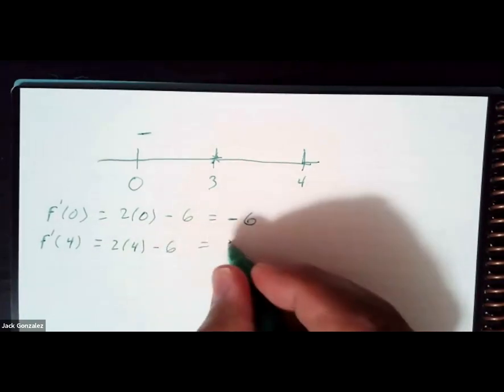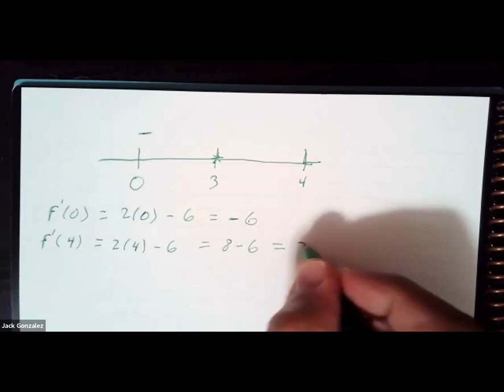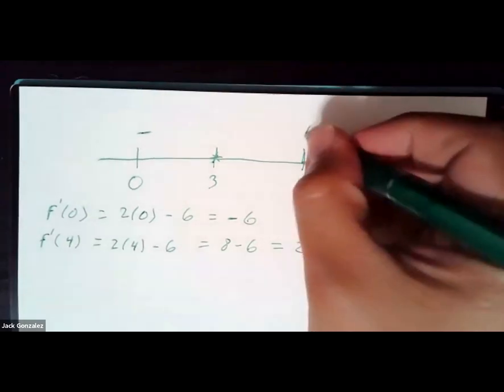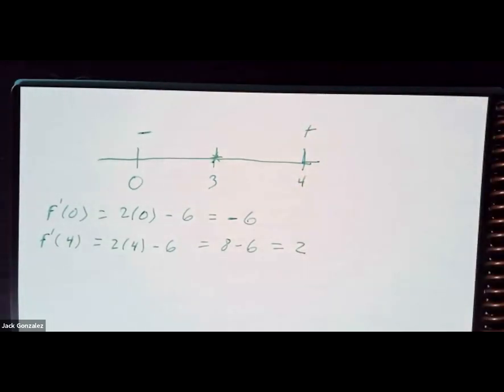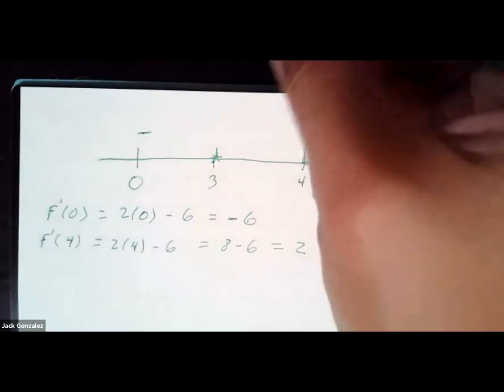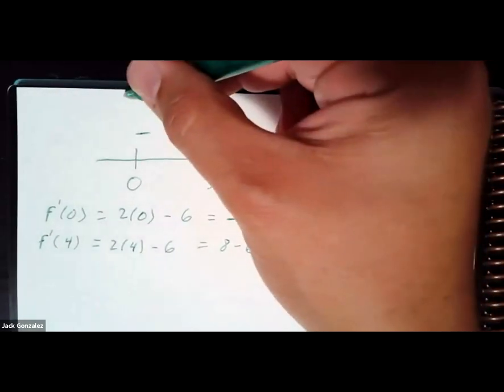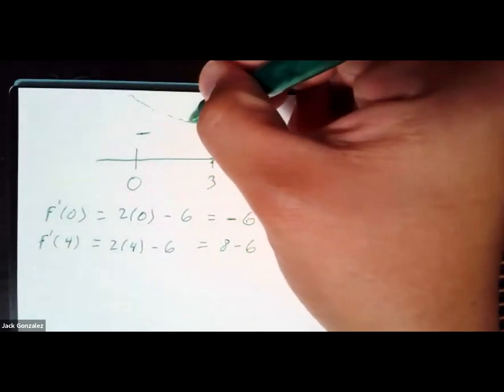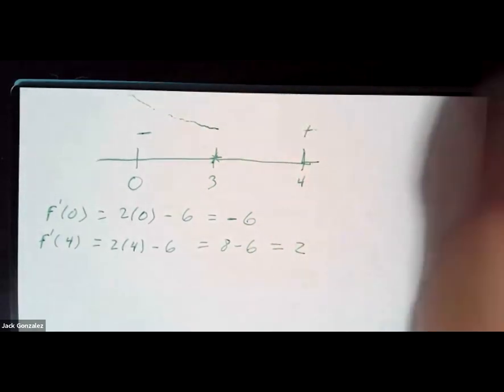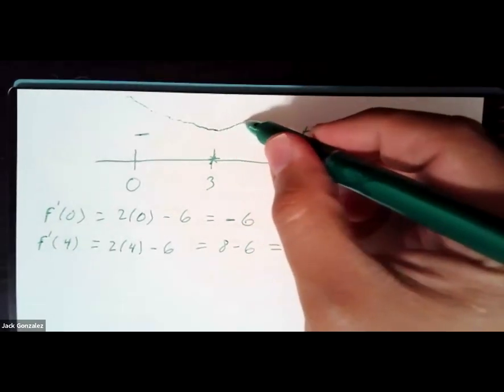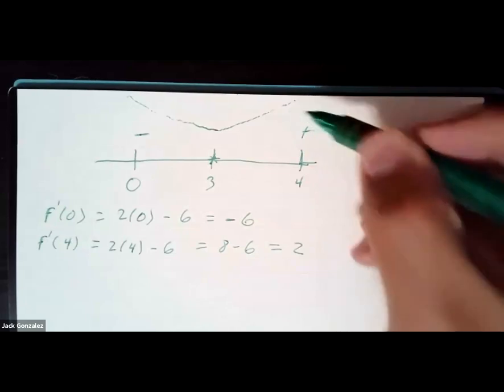You get 8 minus 6, which is positive, plus. So basically this is decreasing all the way until we get to the critical number. Then we begin to increase. Does that make sense?